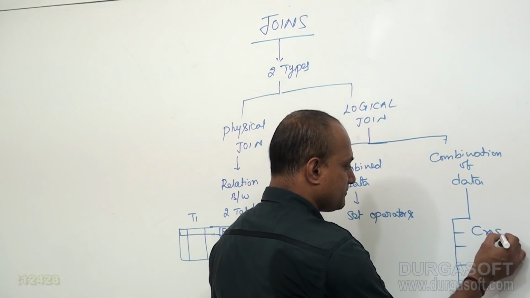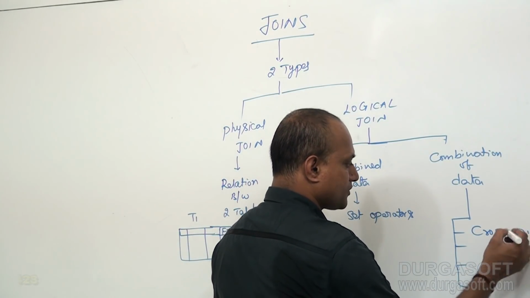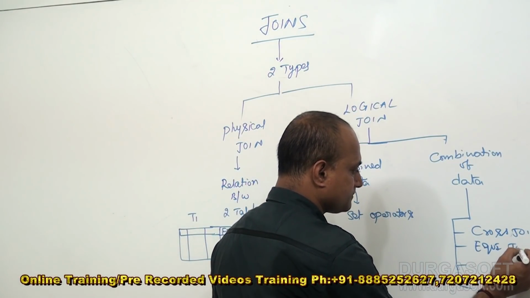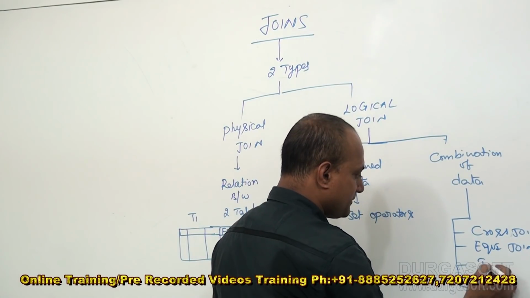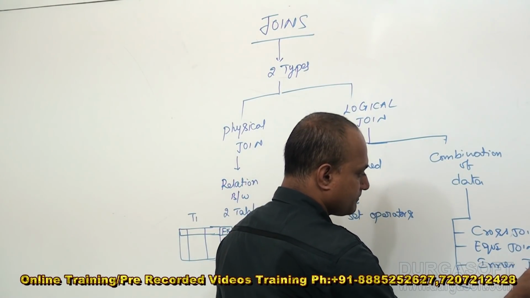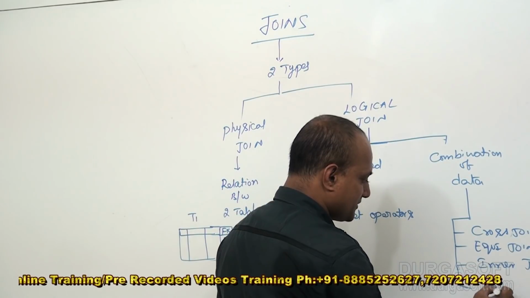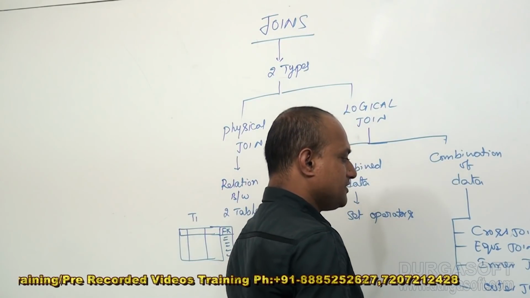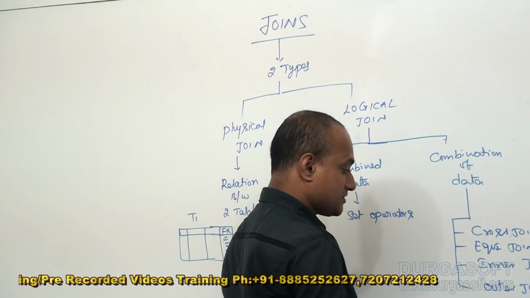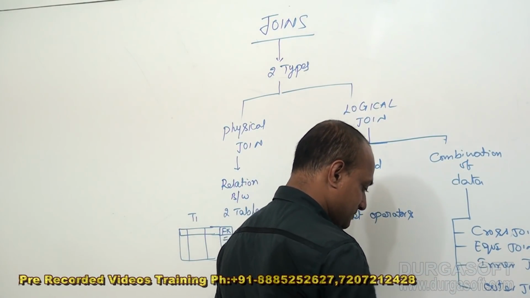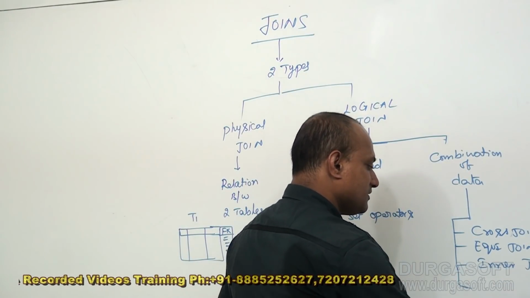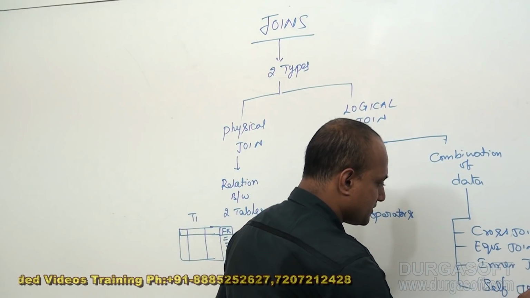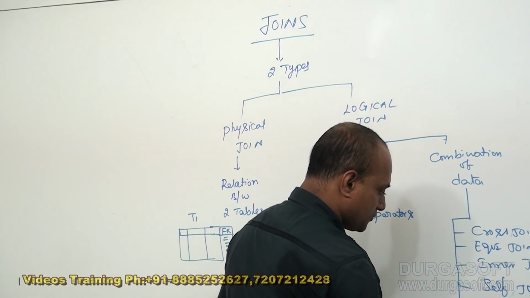Cross join, equijoin, inner join and outer joins. So these are logical joins, and also self join is there. Let me list that out. Self join, and after that outer joins.